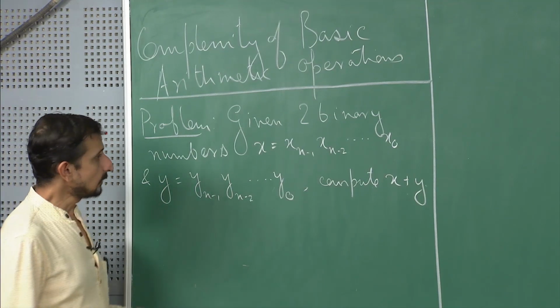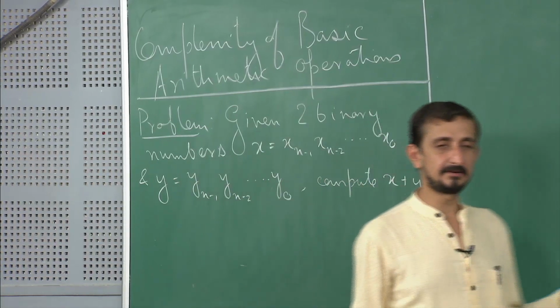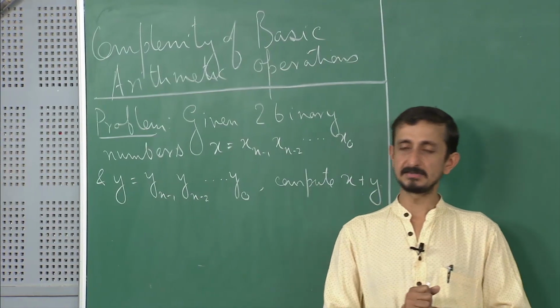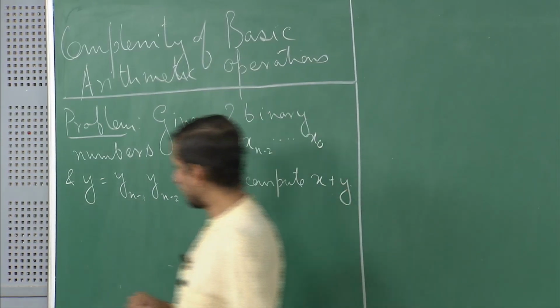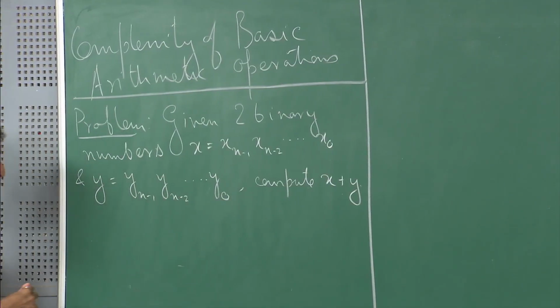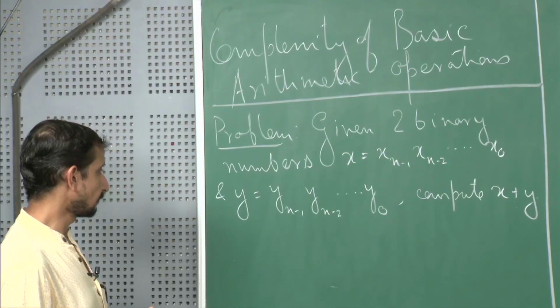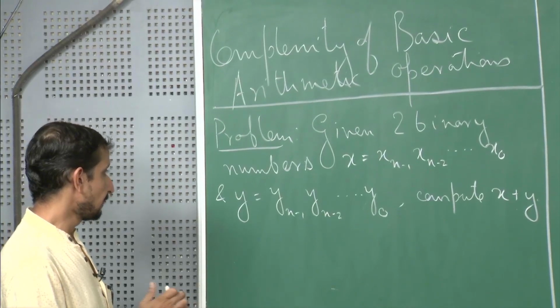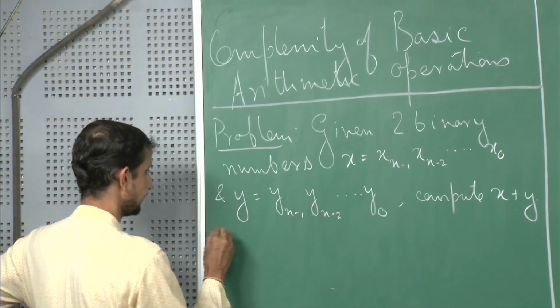This is the first problem. So how do we do this? Of course this is something that you have seen. One of the most basic ways to do this is using an adder circuit.